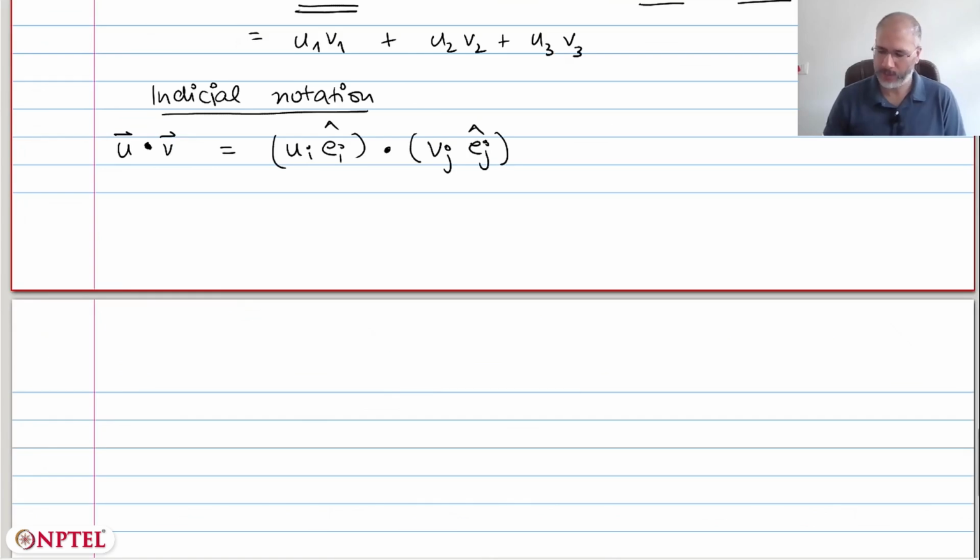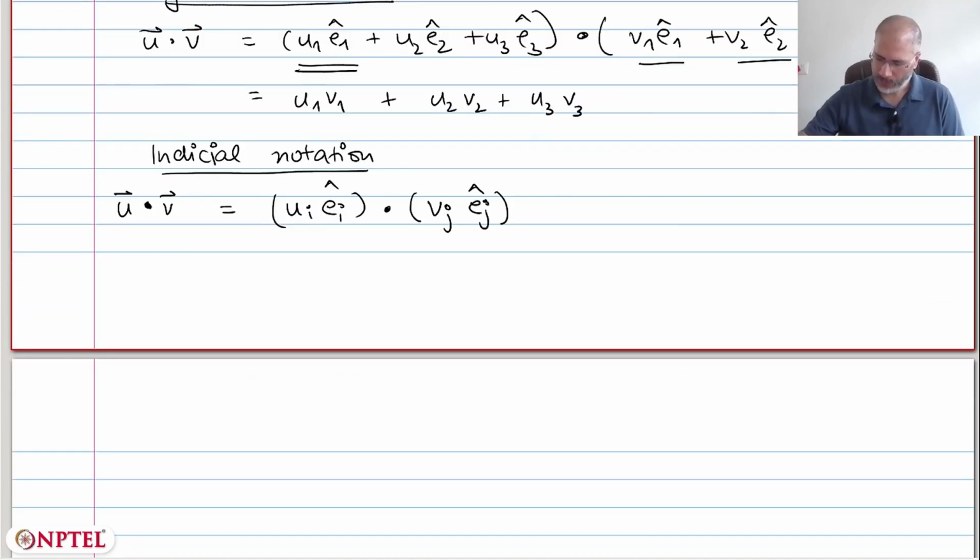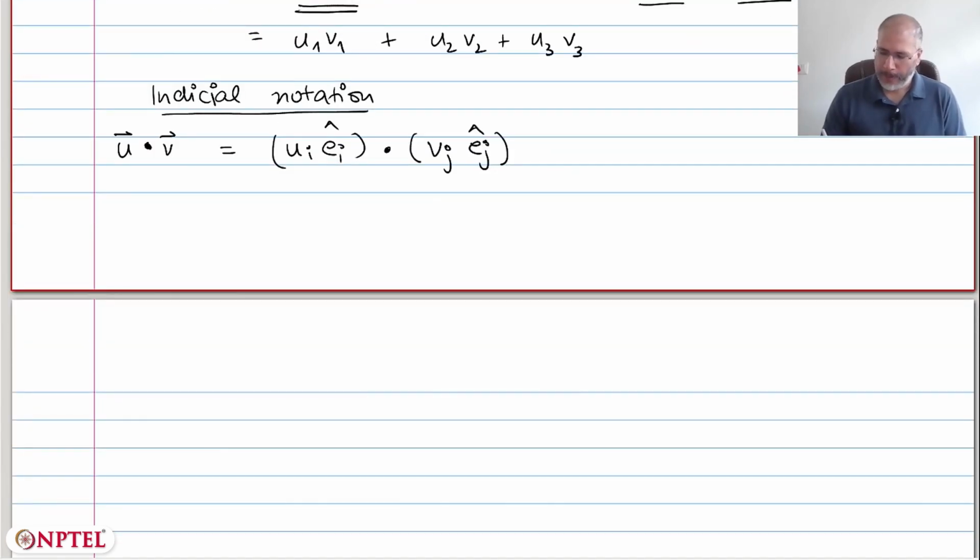Again, this is exactly the same as what we had above, because it ultimately expands to the above expression. This is where the beauty of the indicial notation with all its rules such as the summation convention can be seen.